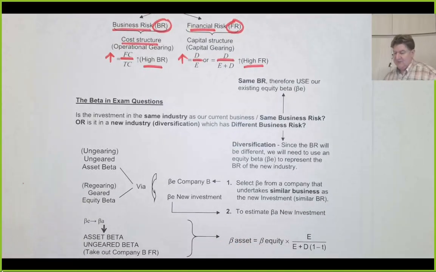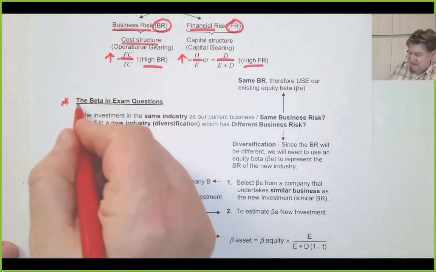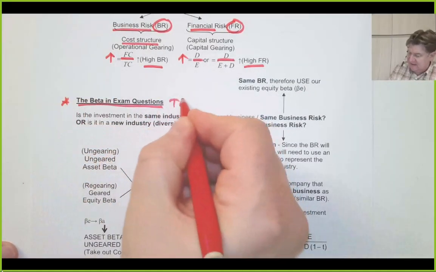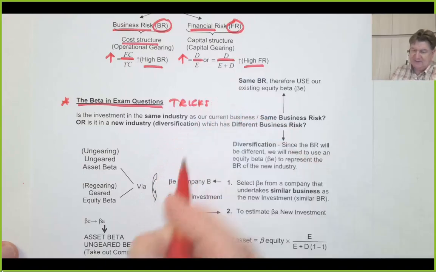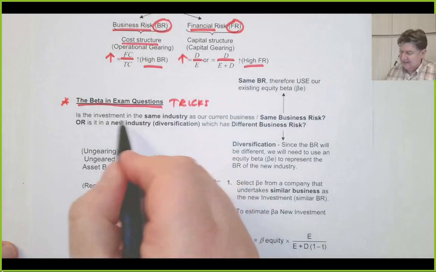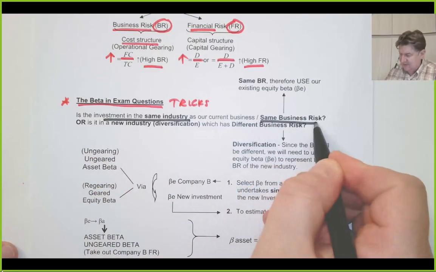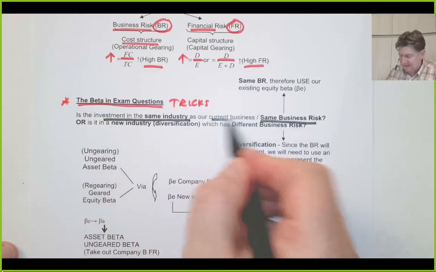So we need to think about the beta now in exam questions. These are the tricks they can play in the actual exam. You need to look: is the investment in the same industry as our current business?